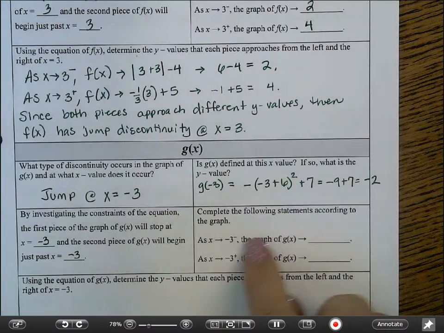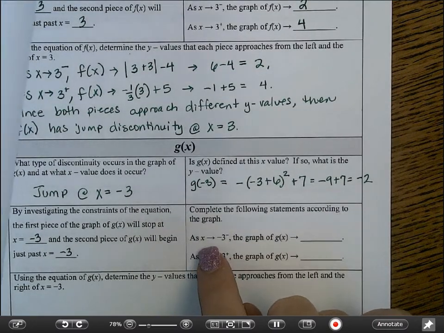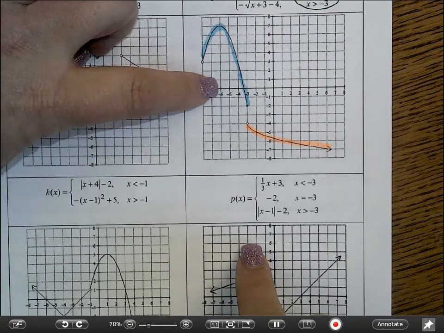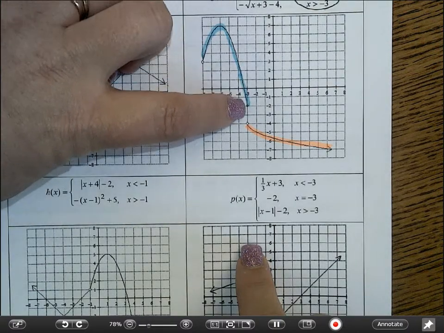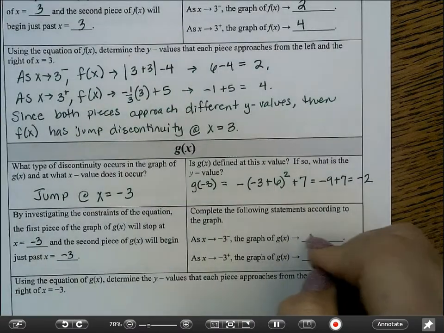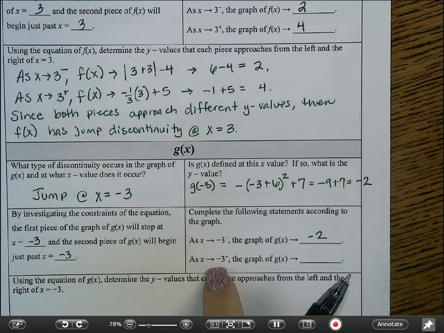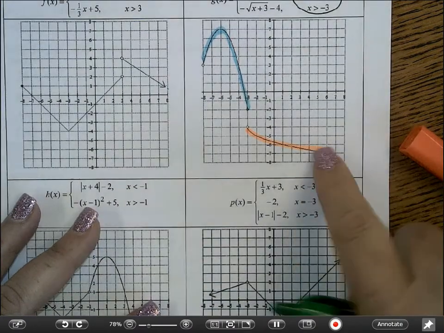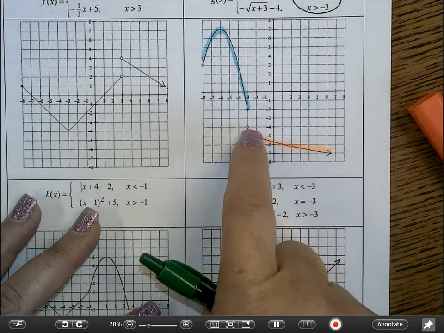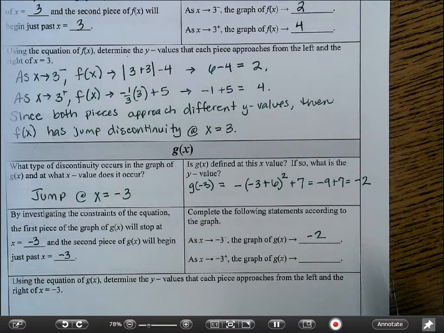Complete the following statements according to the graph. As x approaches negative 3 from the left, so we're coming from the left of negative 3, the y that we are approaching is negative 2. As we approach -3 from the right, which means we're on the line because we're on the right side of -3, the y value is -4.